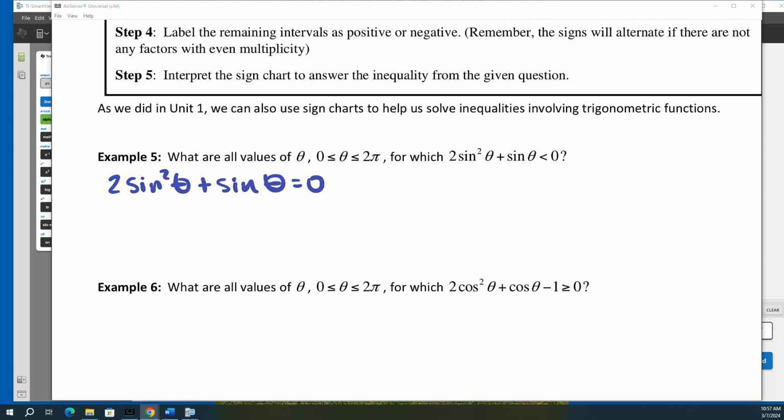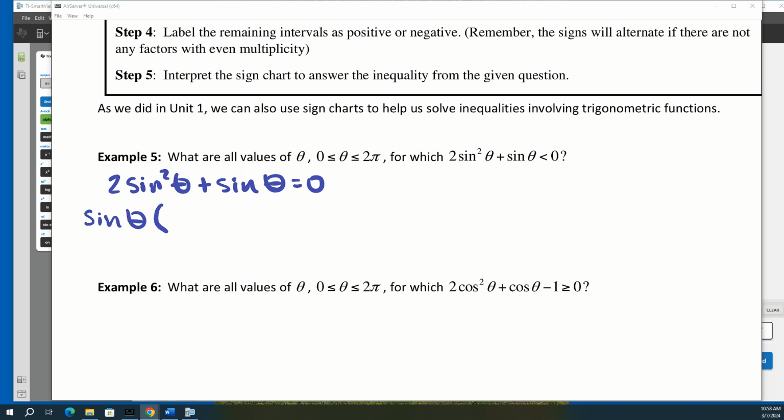And this is what we've done the last 2 days. So if you've been doing that and actually doing it and not copying somebody's, then you probably are going to be fine. So what would you do here? Take out a common factor, which in this case is going to be sine.